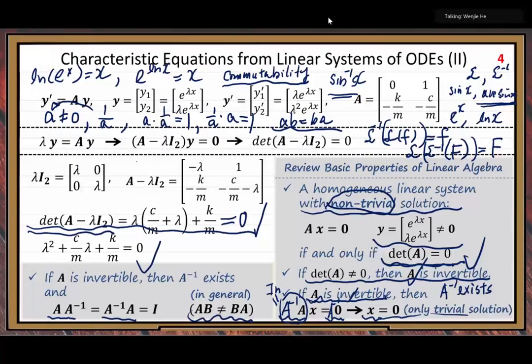What's the definition of the characteristic equation? The determinant of that equals 0. That's the characteristic equation of this linear system. All right, so that's our understanding.